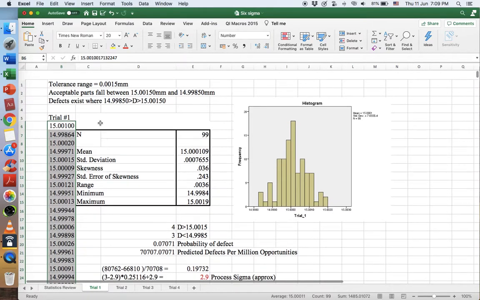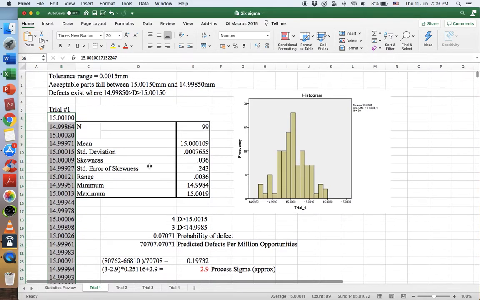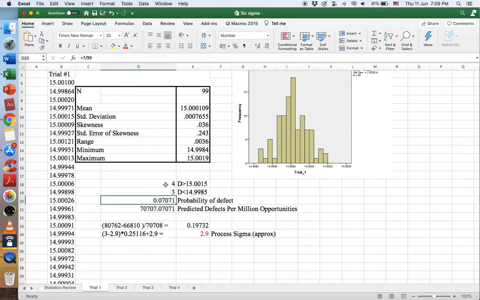So we took a sample of 99 and we got some defects. We got 4 that are greater than 15.0015 and 3 that are less than 14.9985. So the probability of defect, which is just the number of errors divided by the sample population, 7 divided by 99, is 0.07071.